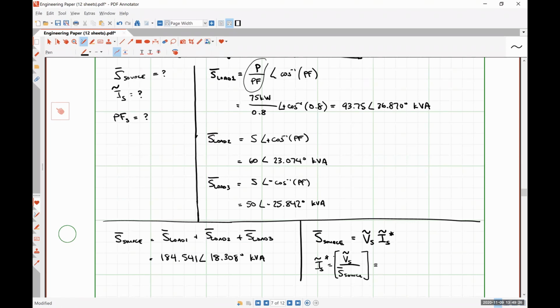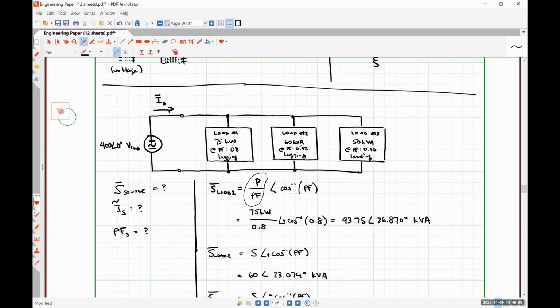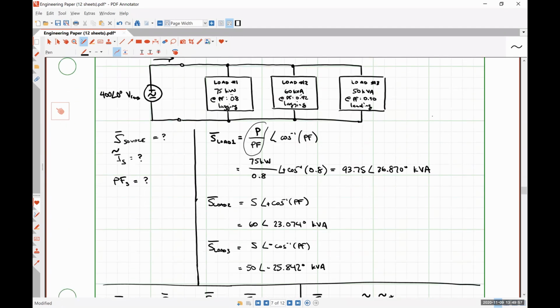Well, if we conjugate both sides, the conjugate of the conjugate effectively flips the sign on the imaginary portion and then flips it back, and in flipping it back, we conjugated the other side. So based on our information here, what is the conjugate of 400 angle 0?